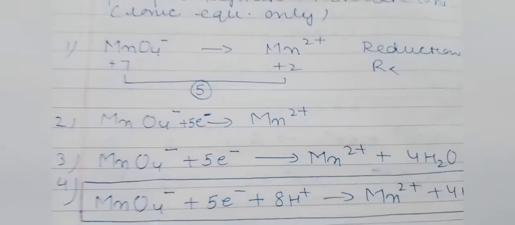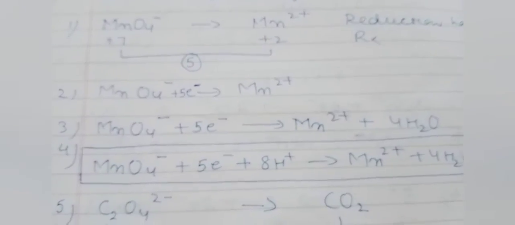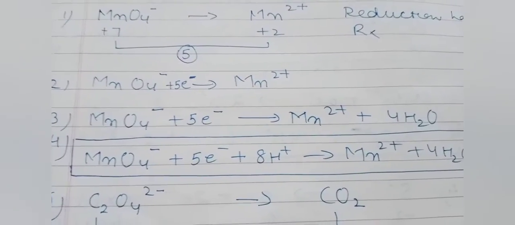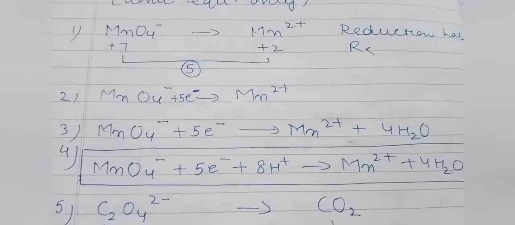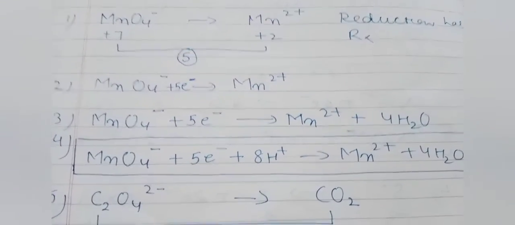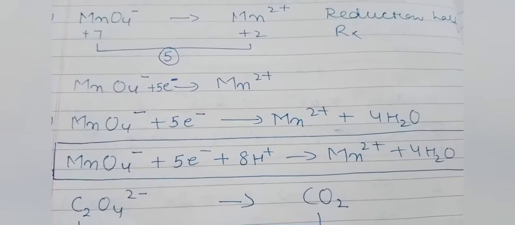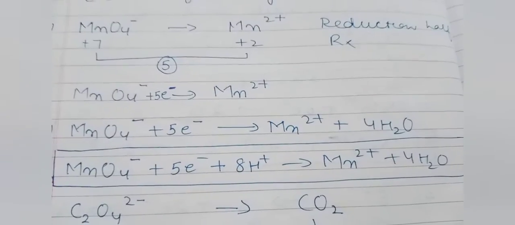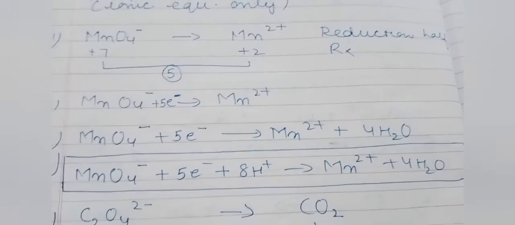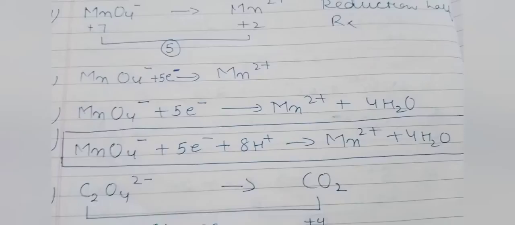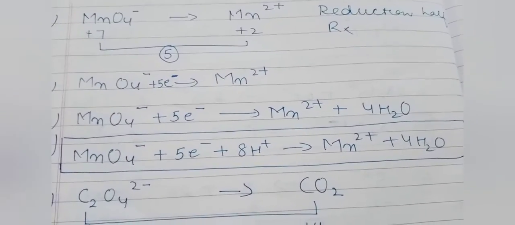Now we will balance the oxygen. As the reactant side has 4 oxygen, on the product side we have to add 4 oxygen, which is added in the form of water. Therefore we will add 4 water molecules. Thus oxygen gets balanced, but now hydrogen becomes imbalanced.